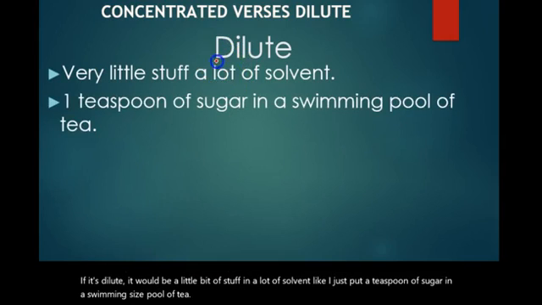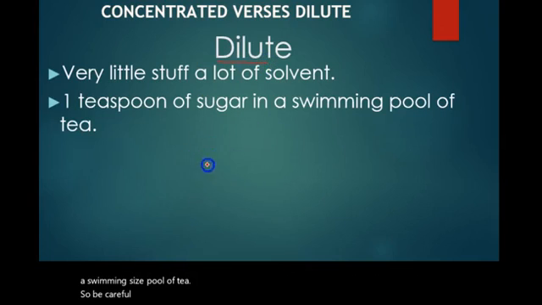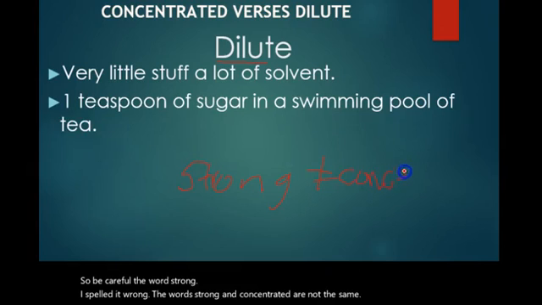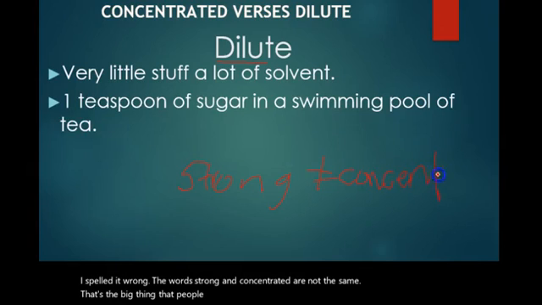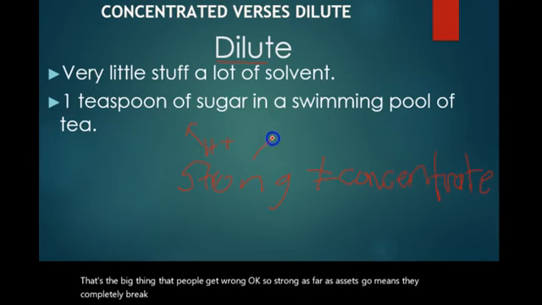So be careful. The words strong and concentrated are not the same. That's the big thing that people get wrong. Okay, so strong, as far as acids go, means they completely break apart into their pieces.